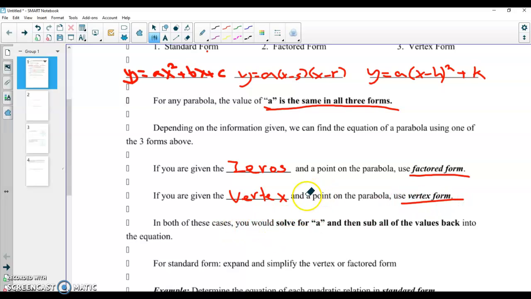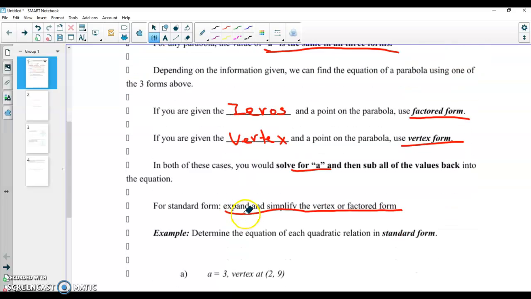And the idea is that you use your zeros and your vertex to set up an equation like the ones over here or over here. And then you're going to use a point to solve for a. So we'll do some examples of that. Once you have either your factored form or your vertex form, you can then expand and simplify to get to your standard form. So let's do a few examples together.